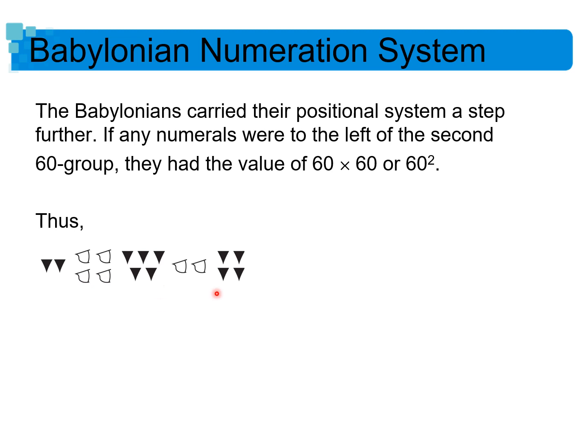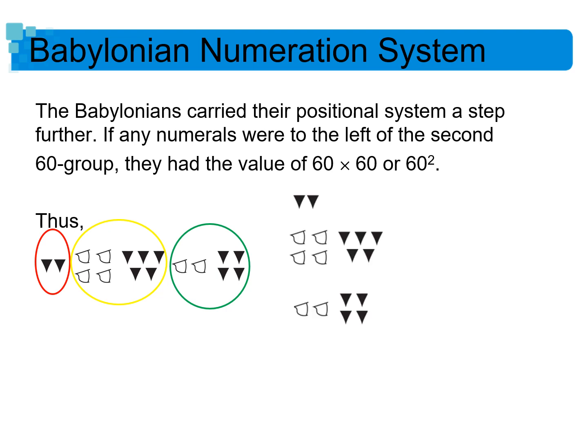In this particular numeration, we actually have 3 different sets. The red set is my 60 squared group. Then you have the yellow set, which represents my 60 group, and then you have just your regular numbers. So let's see how this all is going to work out. I'm going to write them vertically.